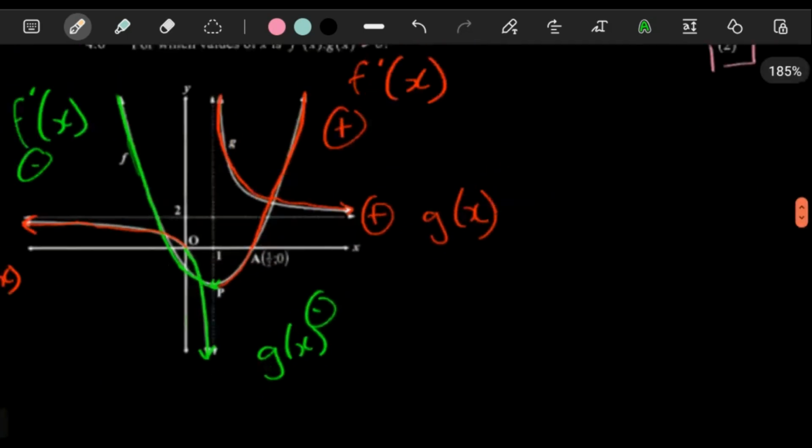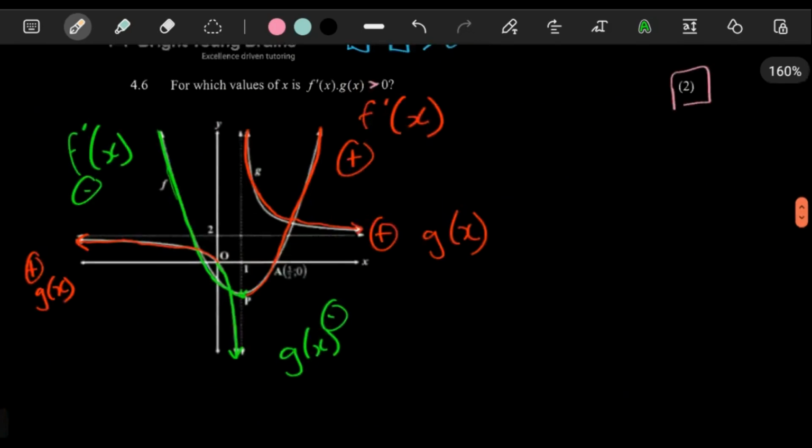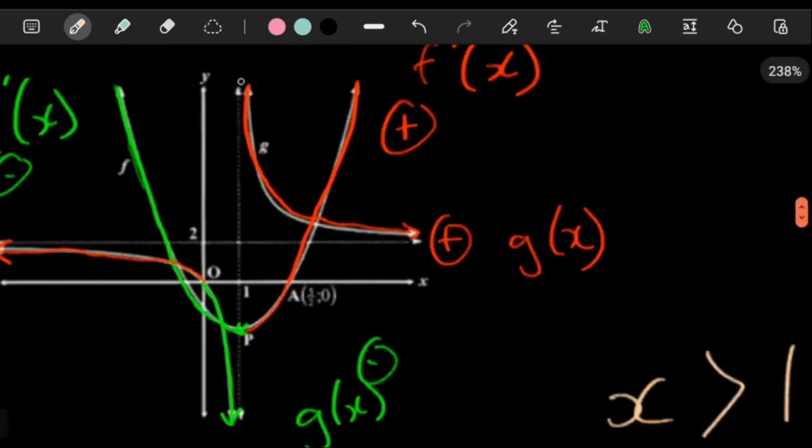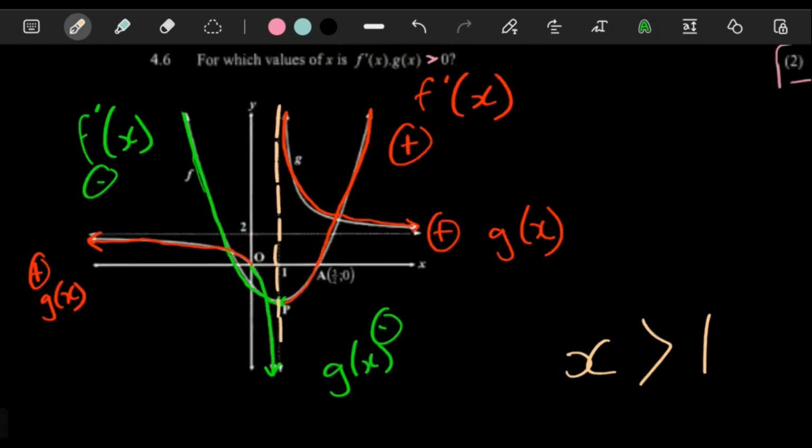So what we know is, to answer this question, the first portion of the answer that's valid is where x is bigger than 1, because from this x value of 1, everything towards the right, you can see it's red for positive y values, red for positive gradients, so that works out.